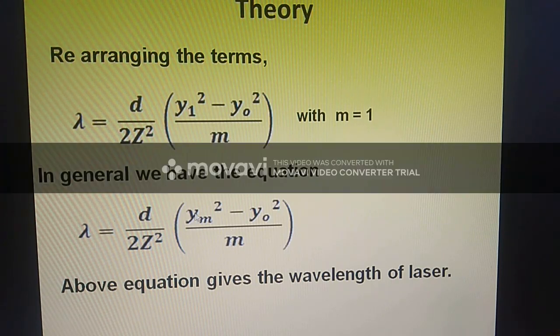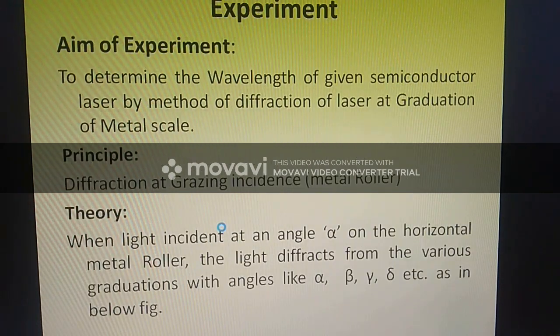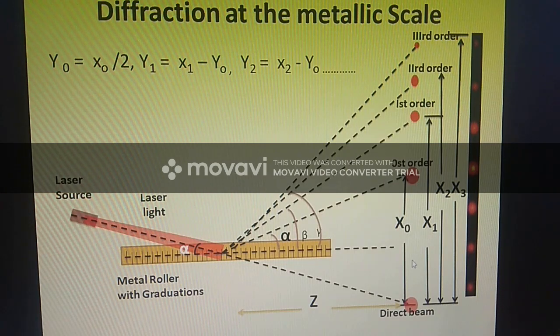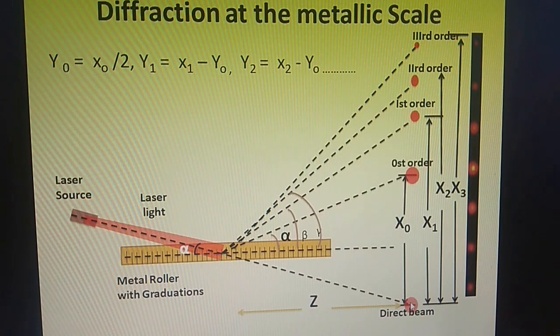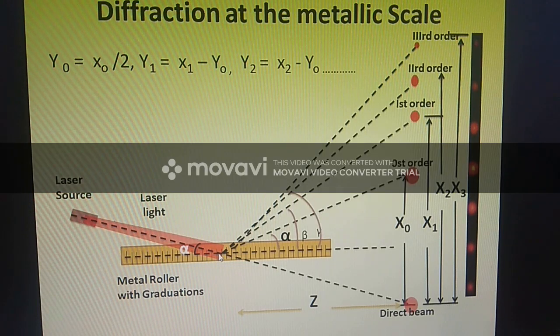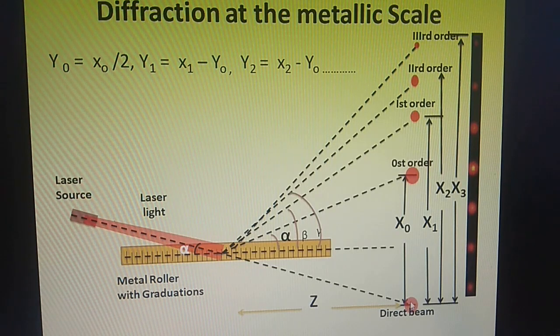Now I'll explain what y is, what m is, all this. Let us go to the diagram again. Here it is. As I said, this is the direct beam.